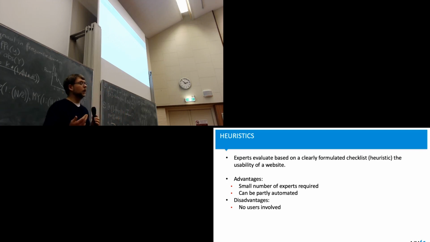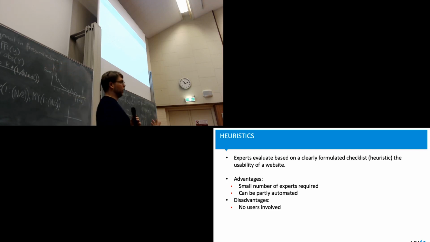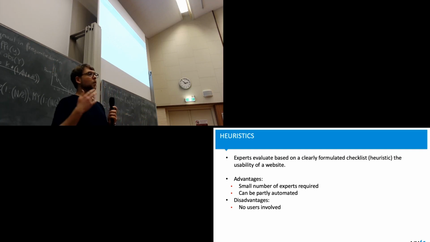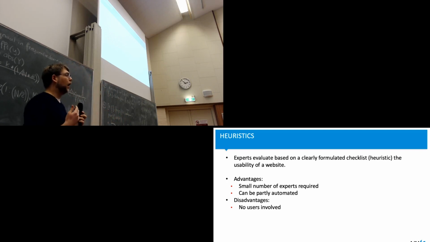And then you need only a small number of people involved in this process, but the disadvantage is you don't get feedback from real users. So it's all a bit more abstract, more on a meta level, and you might not discover all specific things.